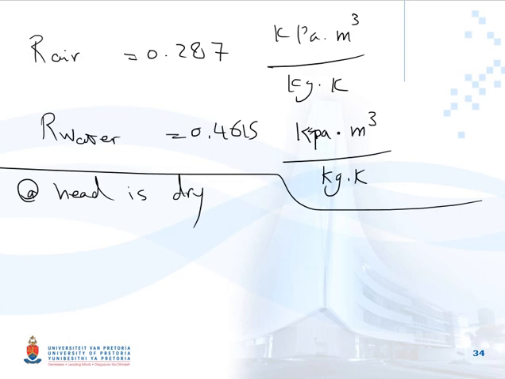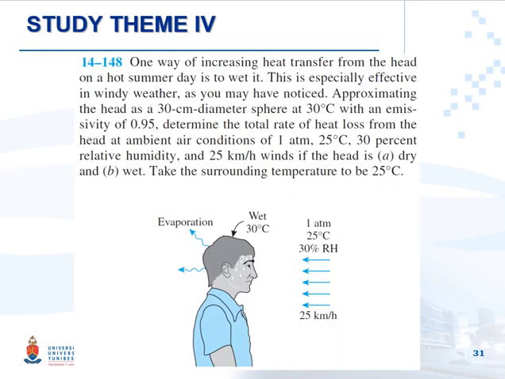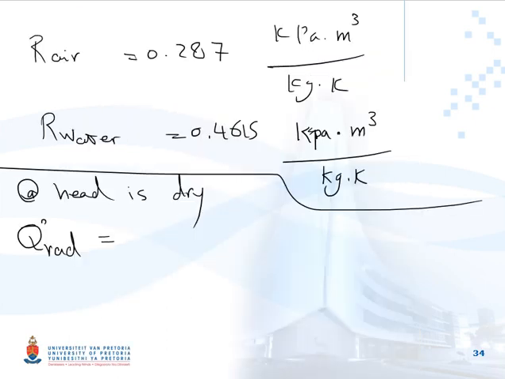But first let's calculate it if we have all the information. So Q radiation, because even if you see here, the emissivity of the head is given. So let's try to find it and see if radiation is important or not.